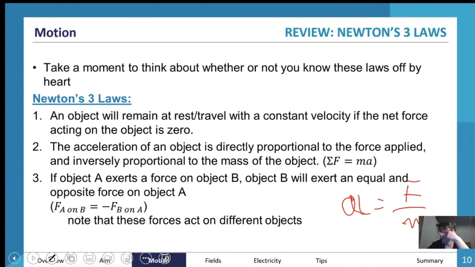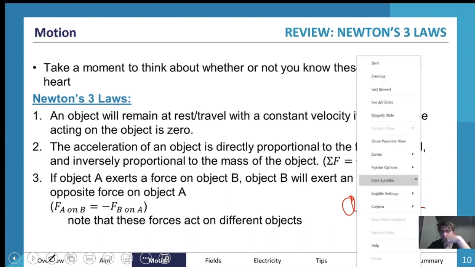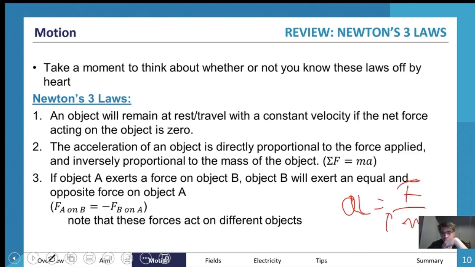So the heavier an object becomes, for the same amount of force, it will accelerate less. And I really want you guys to not take these formulas at face value, but to actually think carefully about them and concentrate and try and understand them.